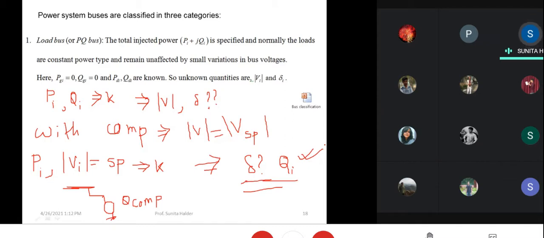Then again its PD and QD will be fixed, or PI and QI will be fixed, and magnitude of V and delta will be variable. So a load bus with a compensator is a special case. In general, in a load bus, P and Q are known. The magnitude of V and delta are to be calculated in load flow study. Have you understood this?